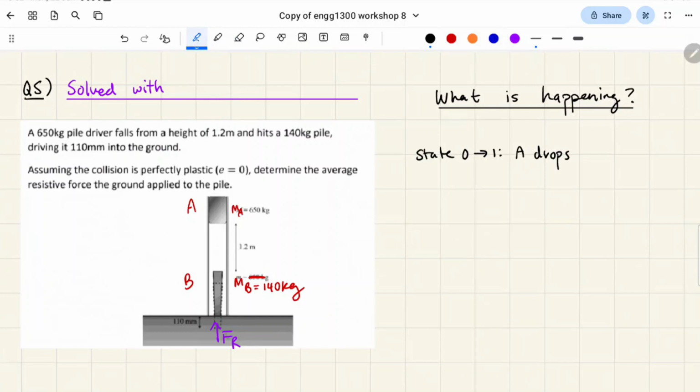And why this is significant is because in the previous questions we've looked at, like for example two billiard balls, looking at it top down, we don't have to really consider acceleration. But now we're looking at an object which starts from rest, and then due to gravity, it's going to fall and hit another object. So there's going to be this acceleration going downwards. So the information that we're going to need to know is this.